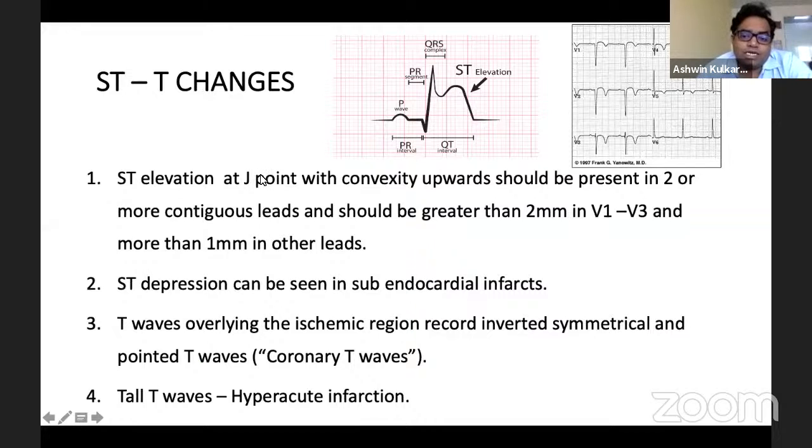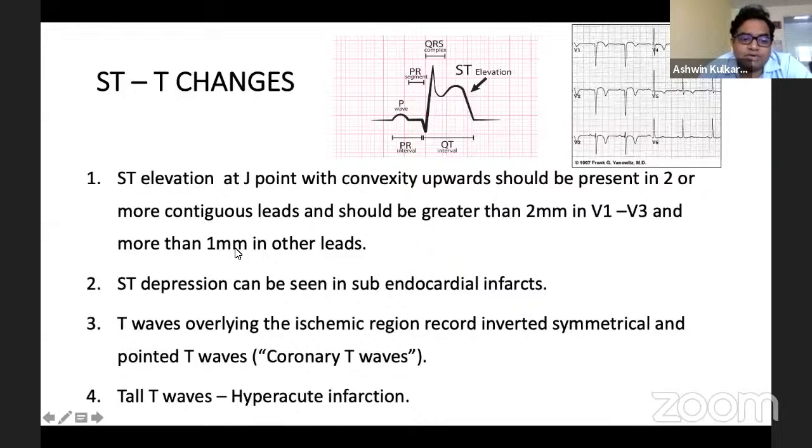So how do we tell how much ST segment elevation is needed to call it MI? ST segment elevation at the J point with convexity upwards should be present in two or more contiguous leads, and the height of the ST segment elevation should be 2 millimeters in V1 to V3. If you see the segments of V1, V2 and V3, the elevation should be more than 2 mm.